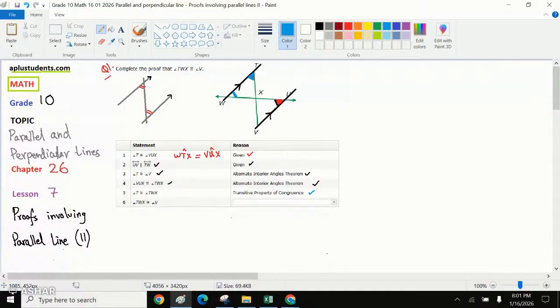Now what we need to see is what happens with the last property, TWX. This given angle, they're saying it's equal to angle V. So we know that whenever we had parallel lines, we said that these two angles were equal, right? Do we agree?